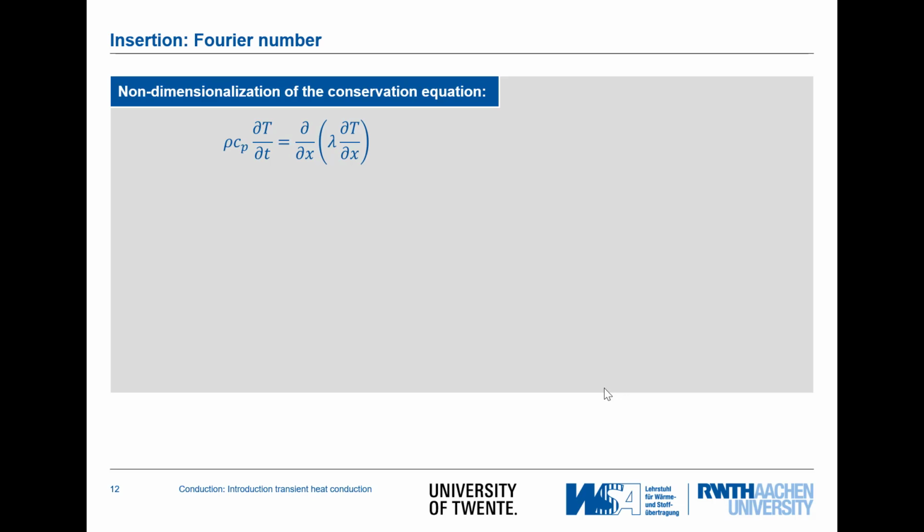But before going into that, I would like to give you more information on the Fourier number. To derive the Fourier number, we start with the very simple case of one-dimensional transient conduction, where we only have one direction.